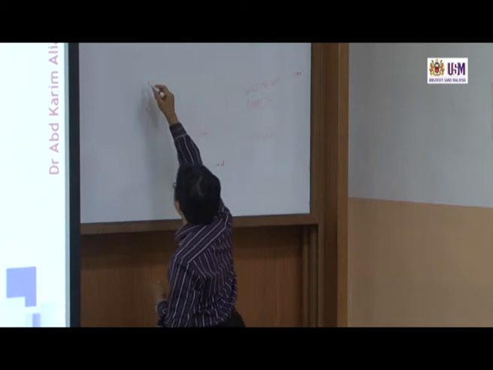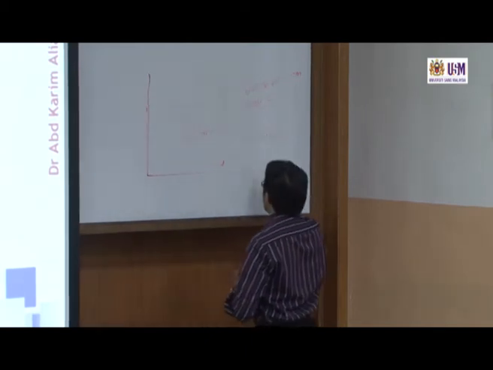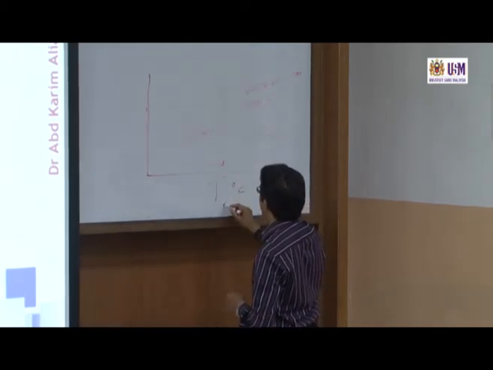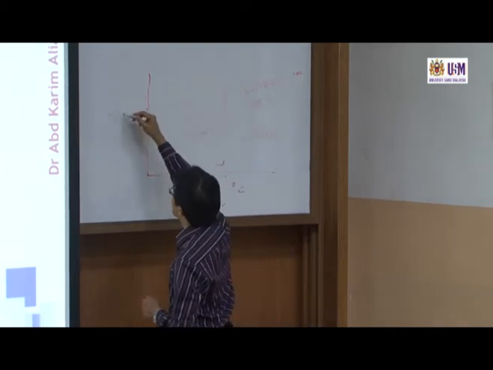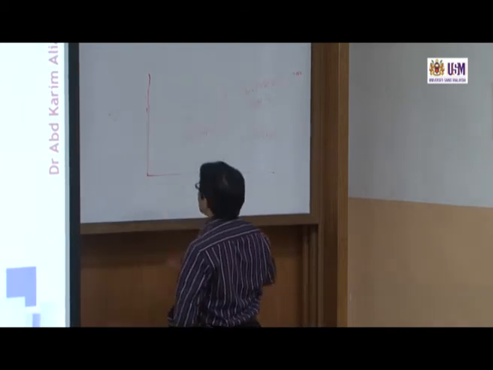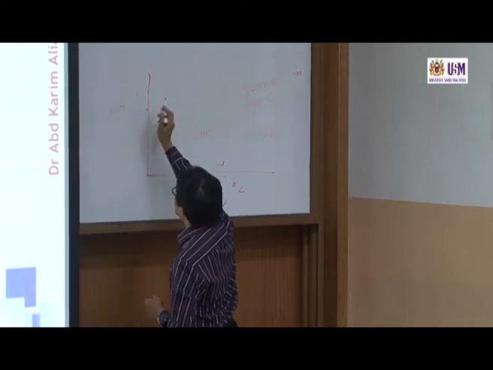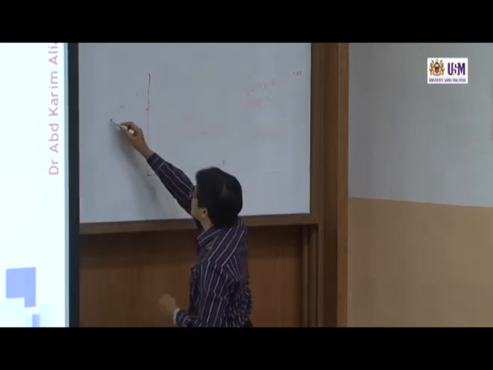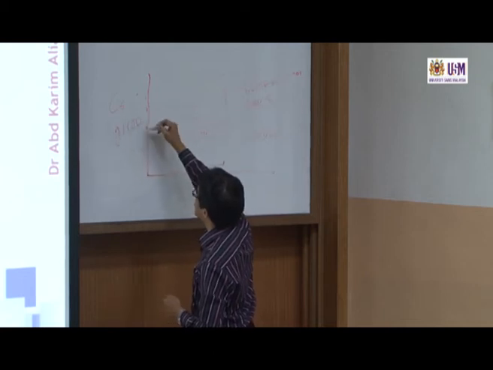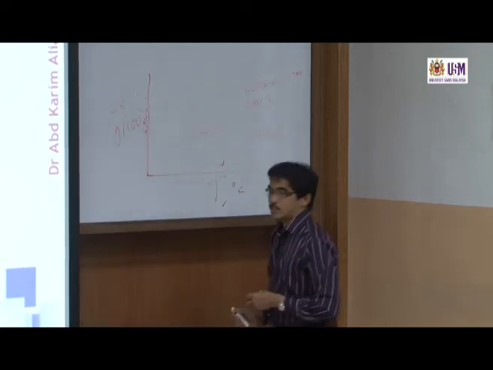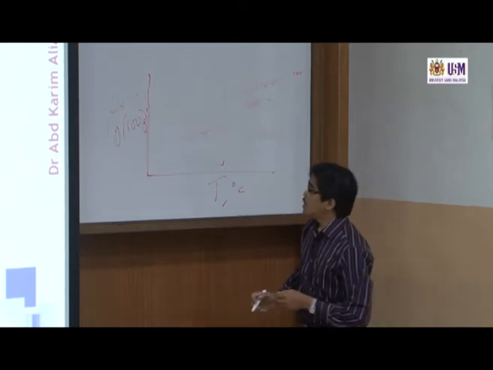So we plot a graph. This axis is temperature. This one is the CS, the solubility. This can be gram per 100 gram solution, a percentage. Then we can get a curve.